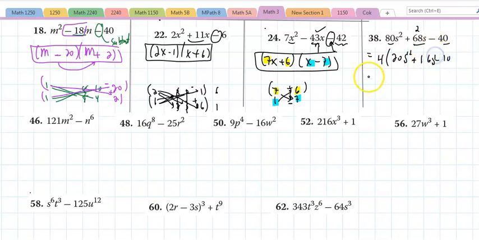That means I could take another 2, making that an 8. If I take a 2 out of that, that'll make that 10s squared plus 8s minus 5.